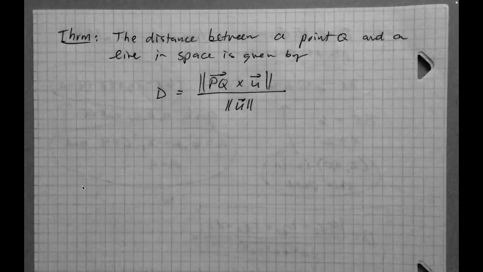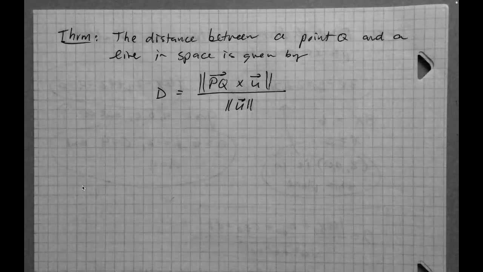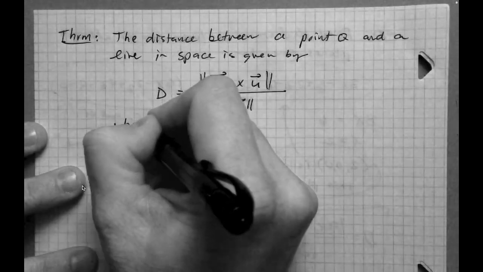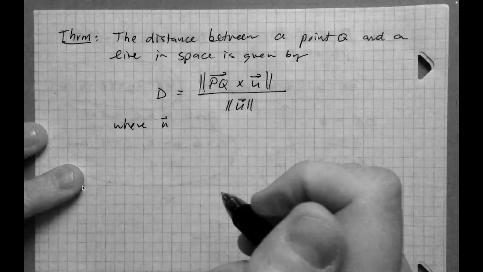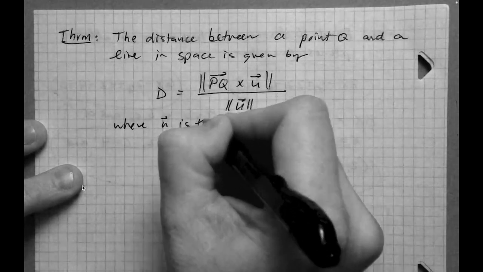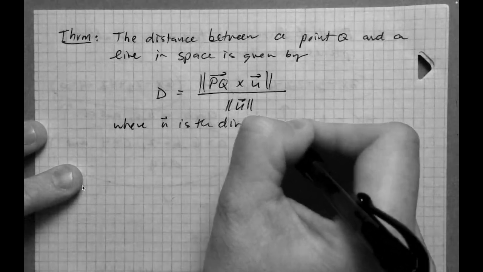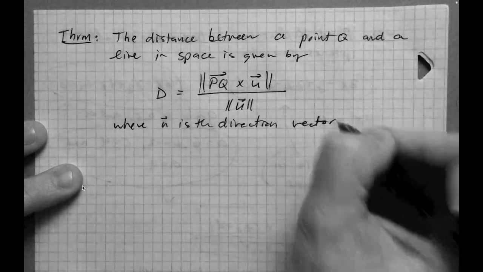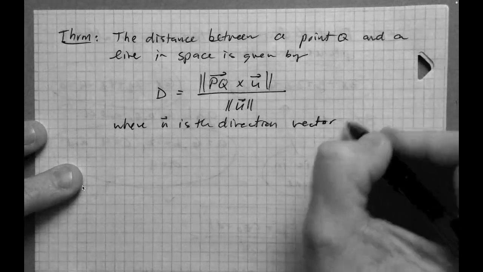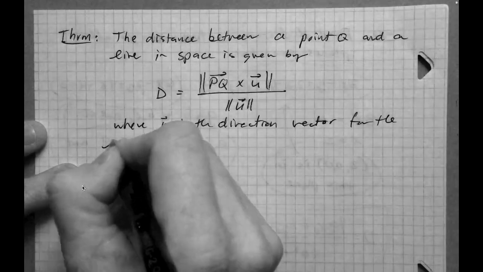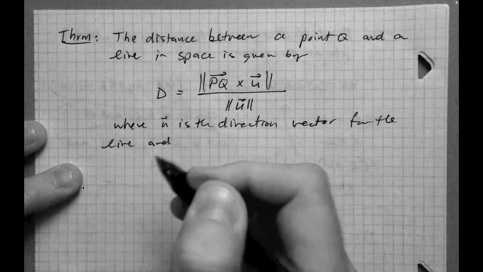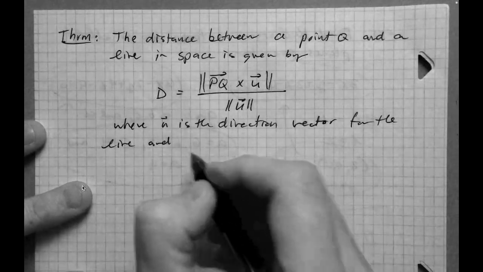So the norm of the vector divided by the norm of U. Now what is U? Well, where U is the direction vector for the line, and P is a point on the line.